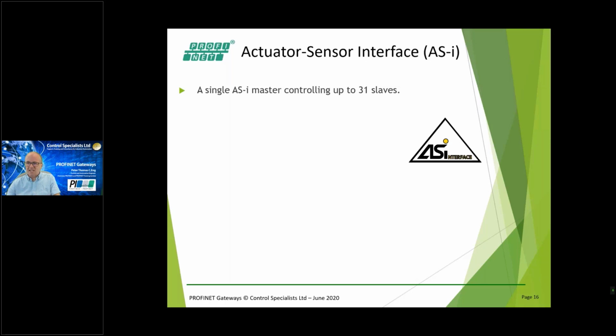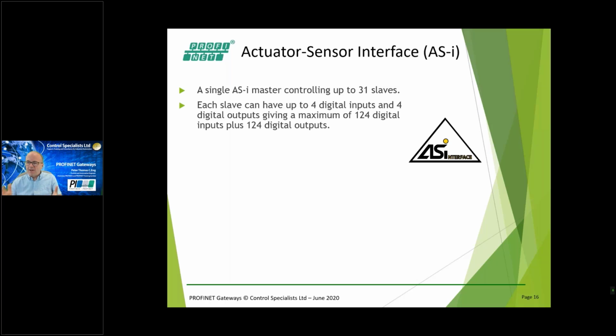It was designed as very simple, typical little sensors. We don't have device specific configuration files here because every device is capable of 4 digital in, 4 digital out. So we're limited to 31 slaves, 124 dig in, dig out per RZ network.